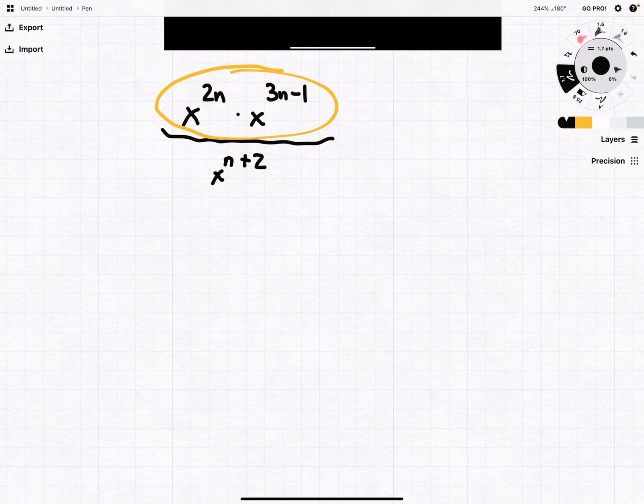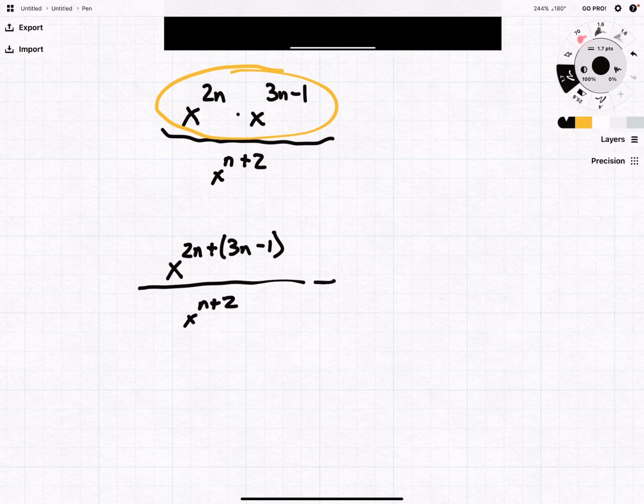So we know with the laws of exponents that if you have the same bases and you are multiplying, then you can add the exponents. So we're going to do that. We're going to have x to the 2n plus 3n minus 1, and that's all over x to the n plus 2.